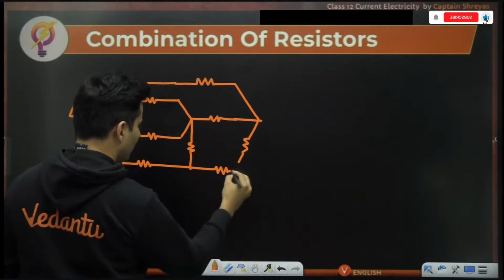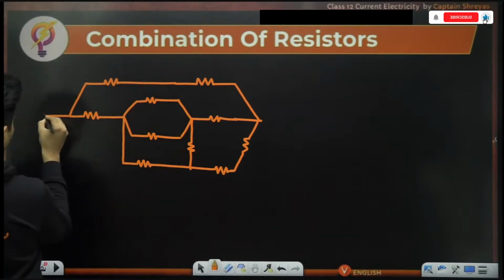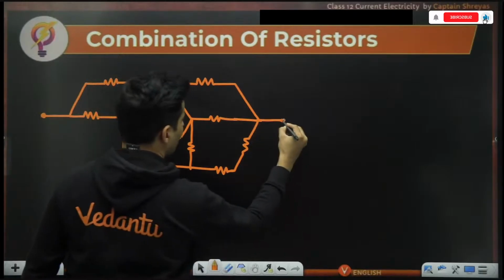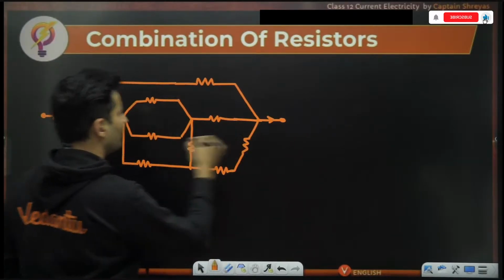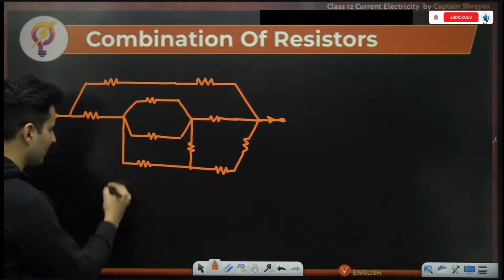So maybe this could be your circuit which is there, and these are the 2 points from which the current will enter in and it will exit out. It's some network of resistors.